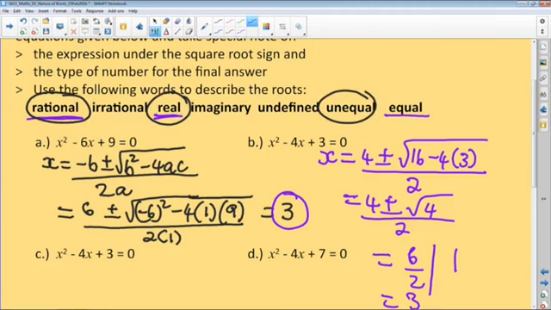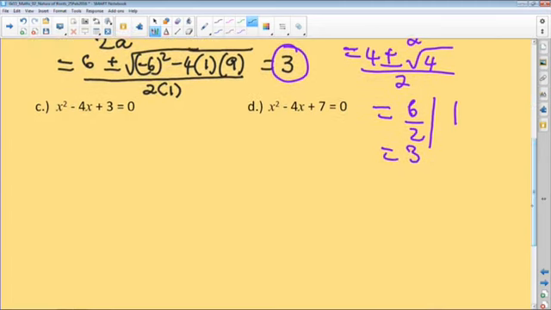And then we also look at the last one, x squared minus 4x plus 7 equals 0, and we all know how to use the quadratic formula.